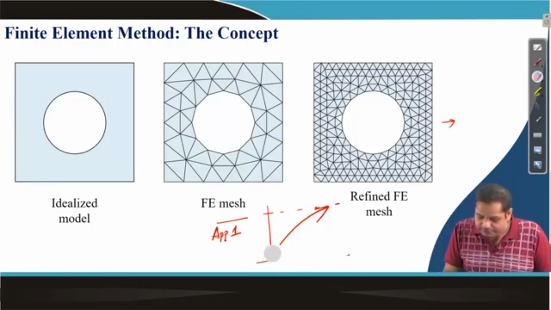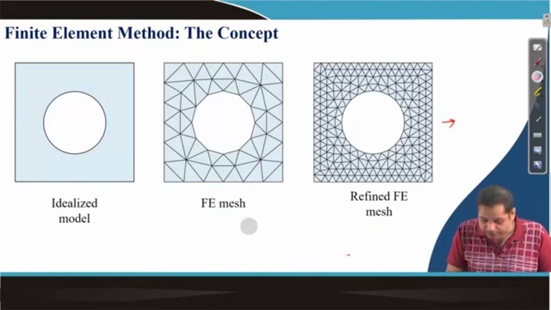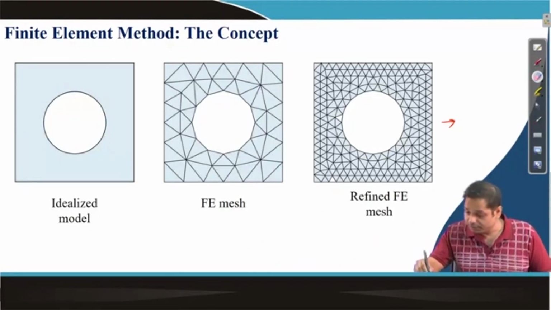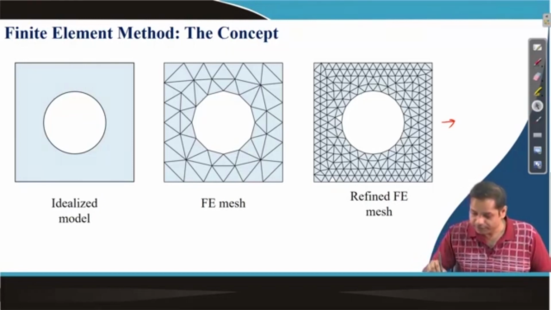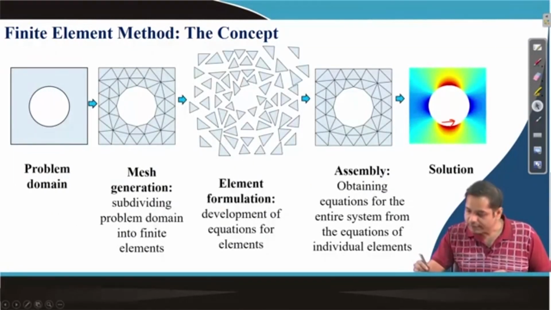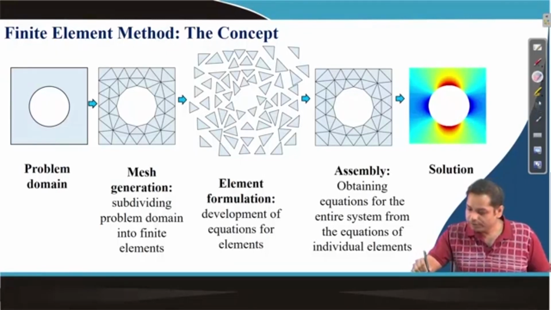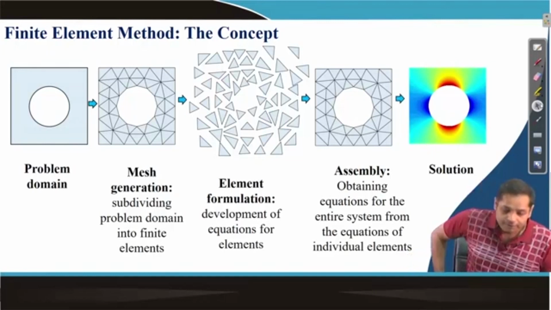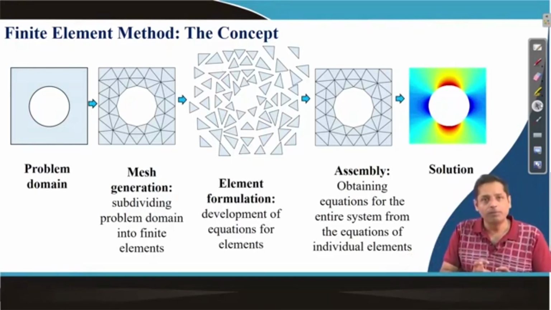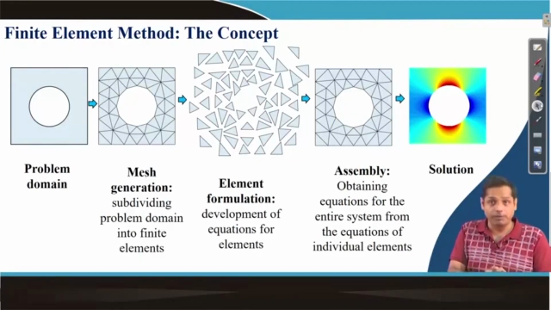Now let us see what are the different steps, the basic concept of the finite element method. This is the basic concept of the finite element method. What is done here? First, we have a problem domain. Problem domain means the idealized domain. This is an idealized domain. That is always the starting point of analysis.